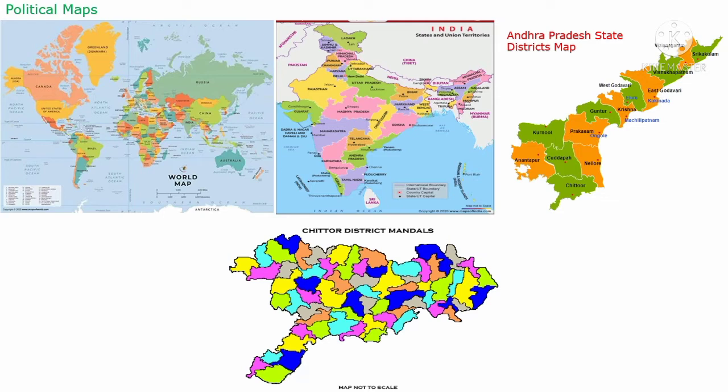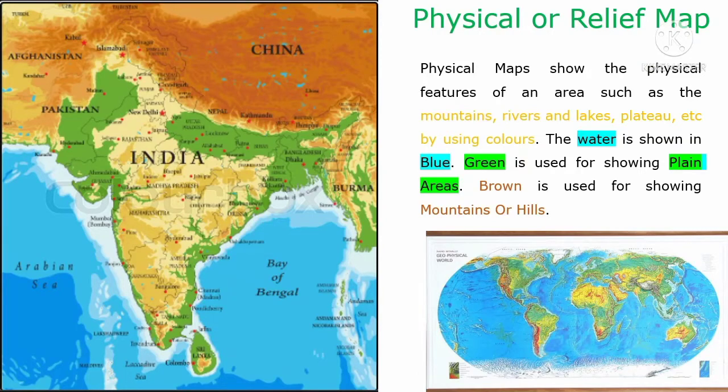Next is physical map. Physical map is also called a relief map. Relief or physical, which shows us the landforms of the Earth's surface.